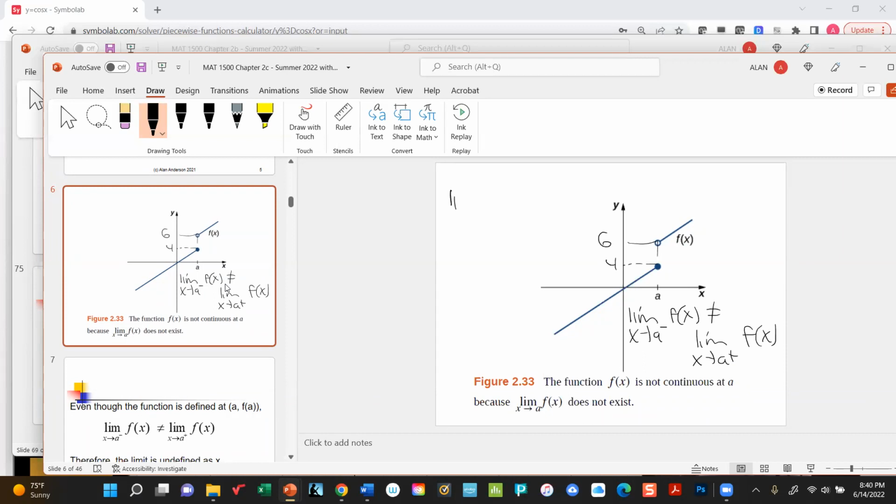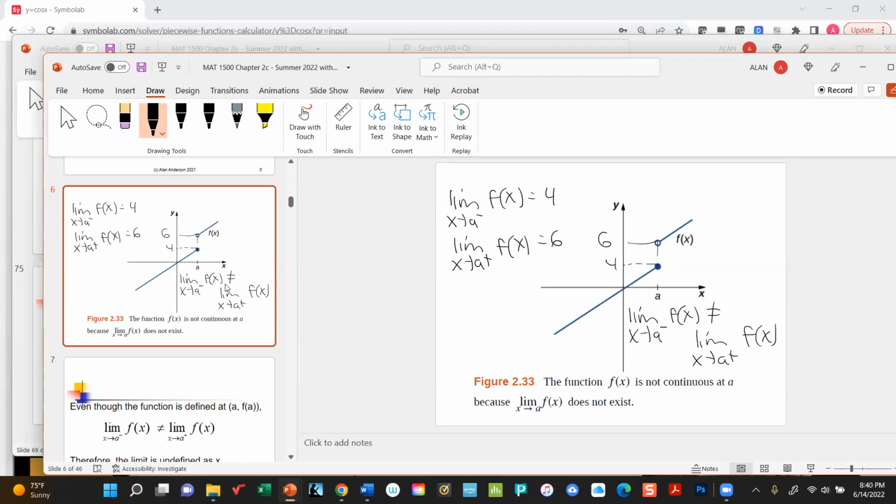So the limit of this function as x approaches a from the left is 4. The limit as x approaches a from the right is 6, and they're not equal to each other. So therefore, there's no limit. And in addition, the function is discontinuous.